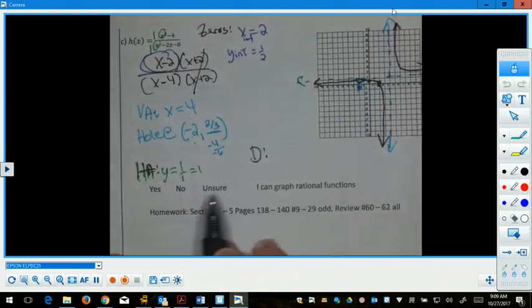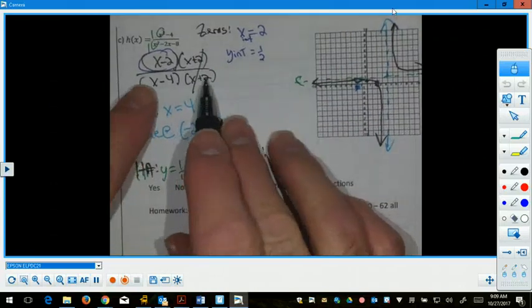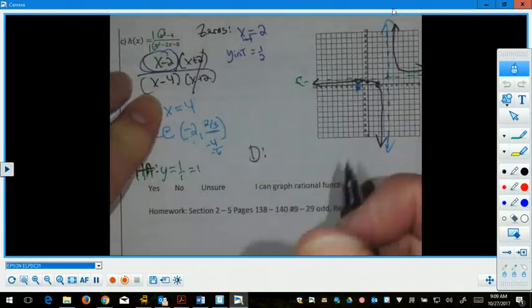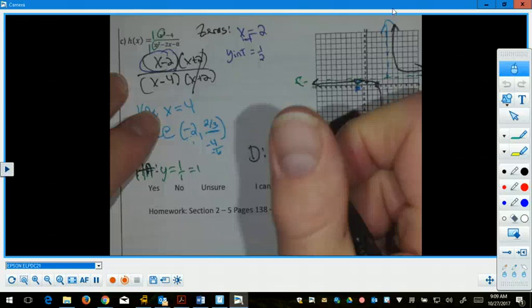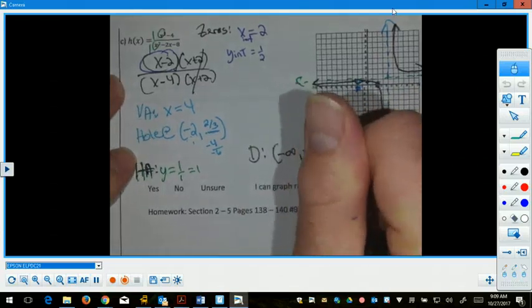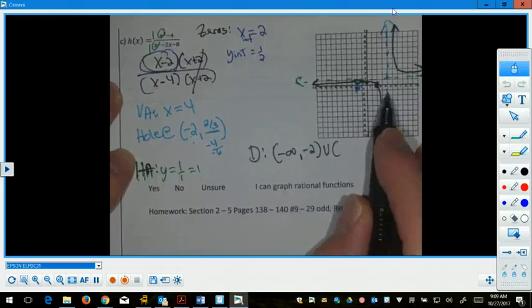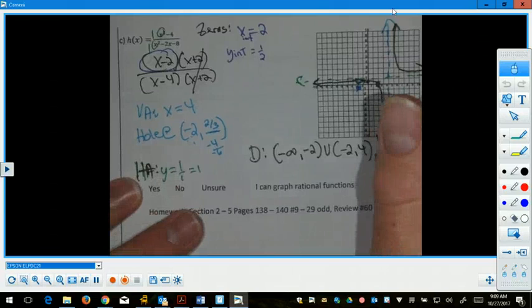For the domain, which is what I had asked for originally in the function, it's going to be everything except for what those restrictions were, that hole, the x value of the hole, the x value of the vertical asymptote. So it's going to be -infinity up to -2. And then it does continue from -2 up to +4, but not including +4.